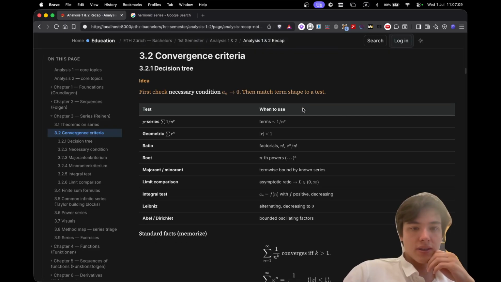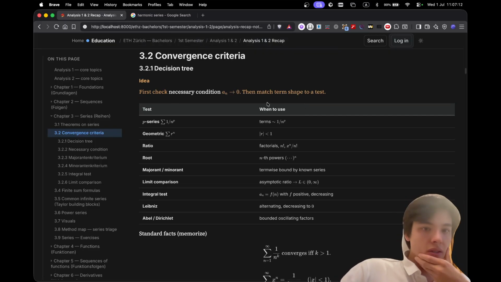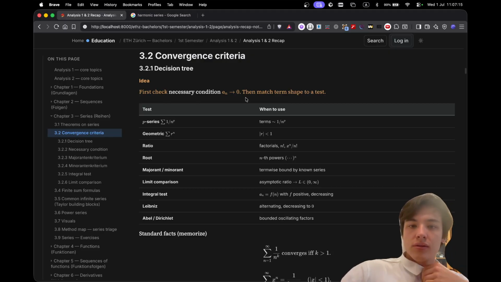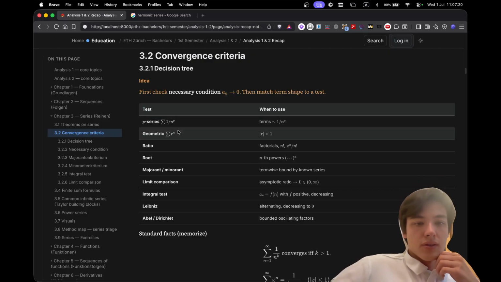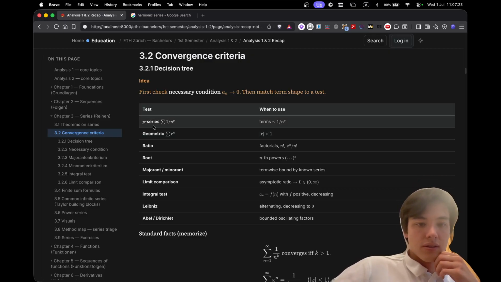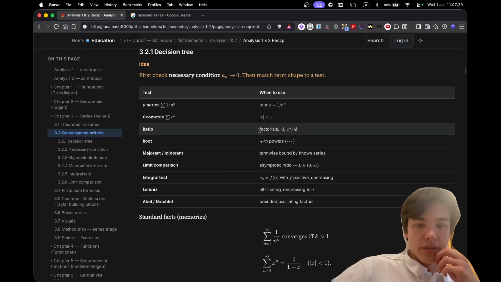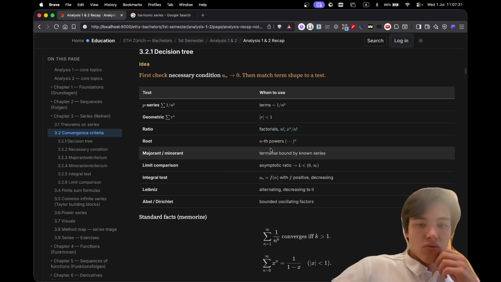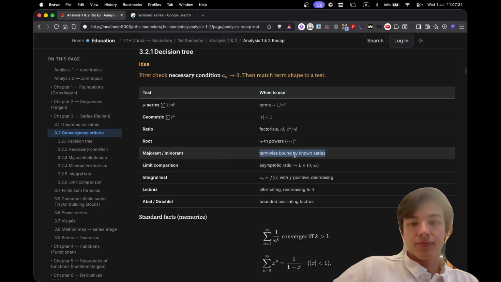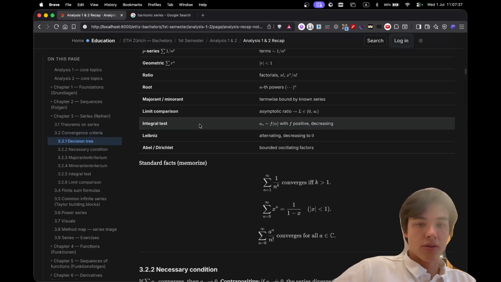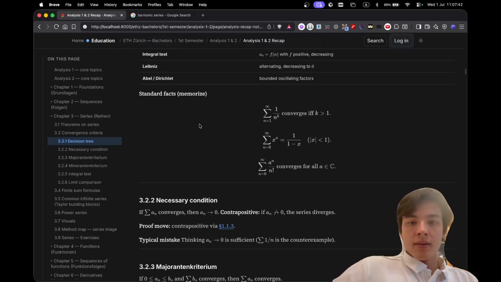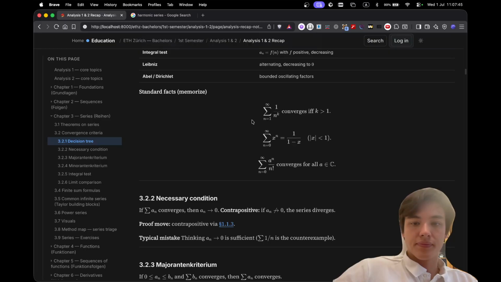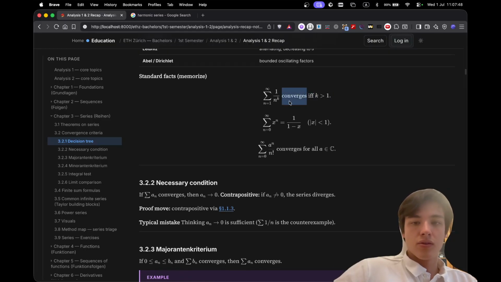Convergence criteria, decision tree. First check that it goes to 0, and then we look at the shape. So the p-series is the power of n. We use the ratio test if we see factorials, or the root test if we see a power to the n. Then how to walk through what to do. And this, we saw the homogeneous series.